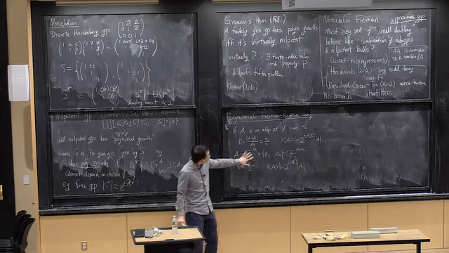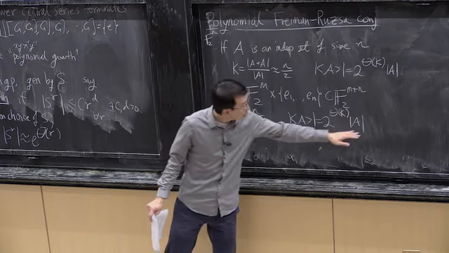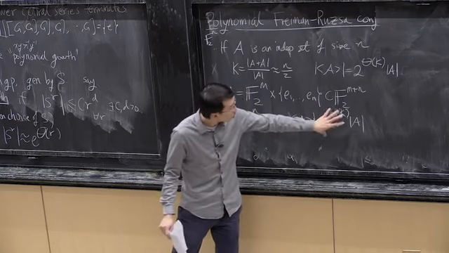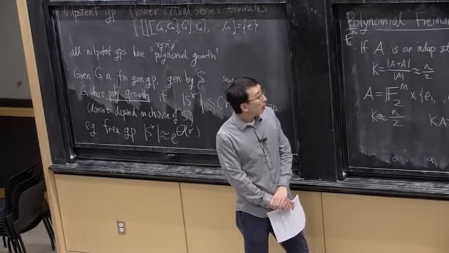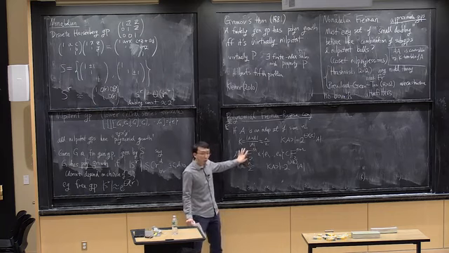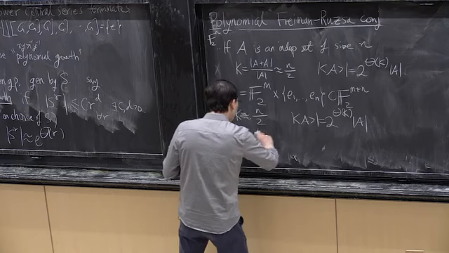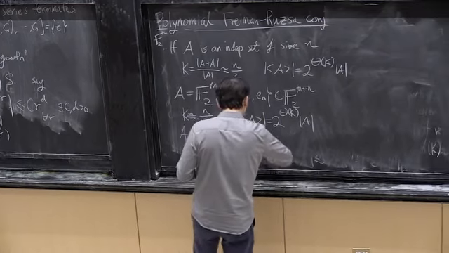But now, you see, in this example here, even though the subgroup generated by A can be much larger than A, as a function of the doubling constant, A has a very large structure. So A contains a very large subspace.